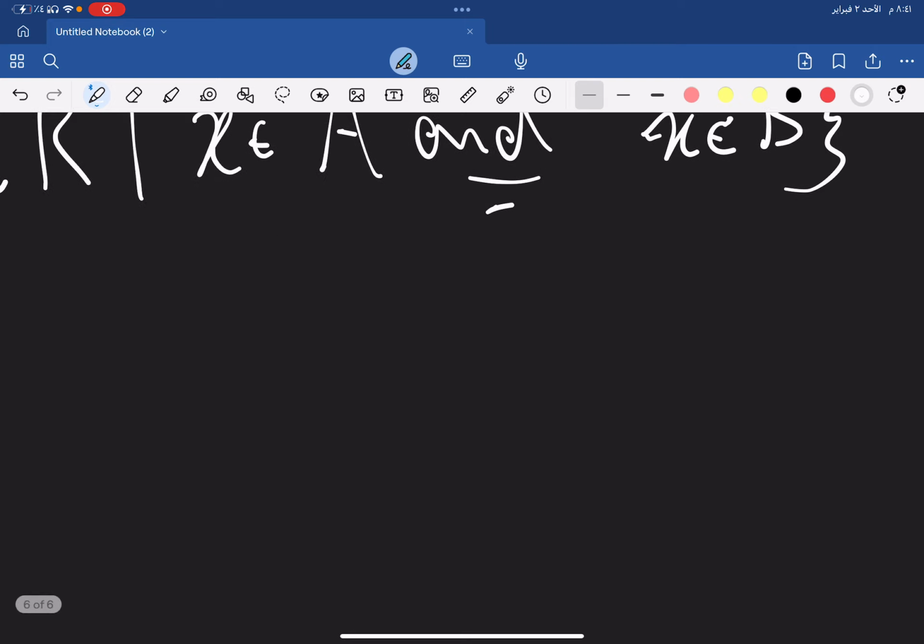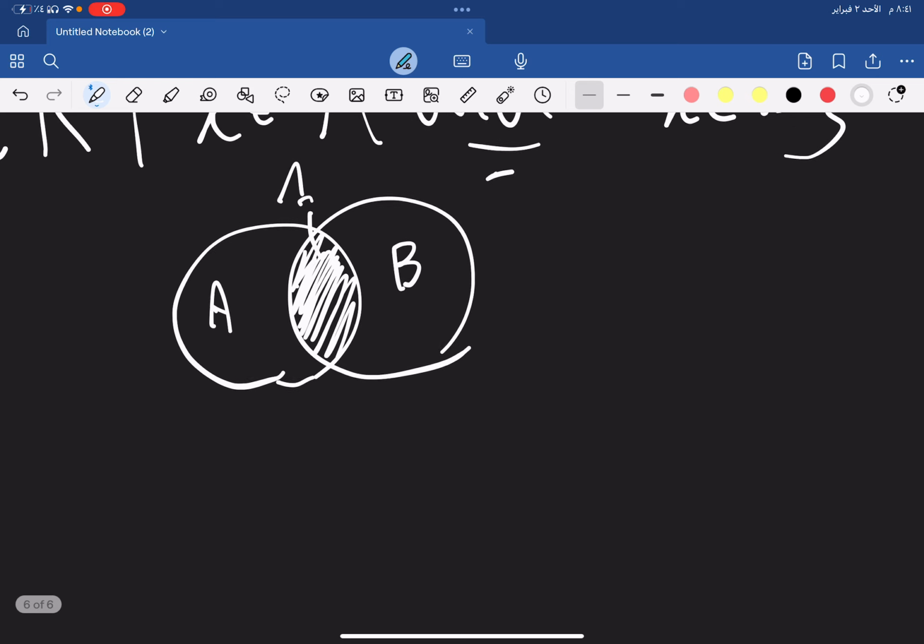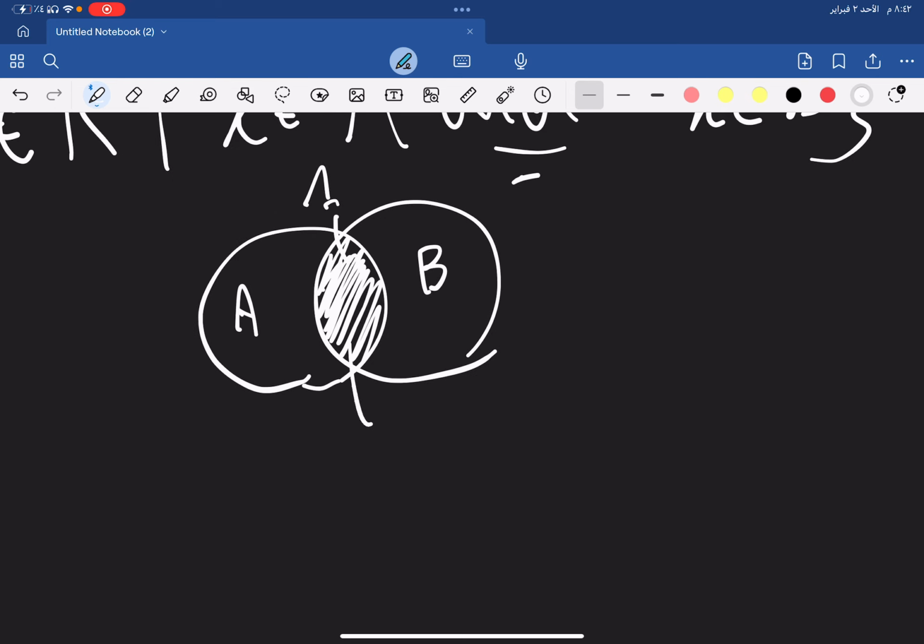Or let's draw a Venn diagram. Let's say that A and B, this is the intersect. So obviously, if we take any element x in here, it's in both of them.